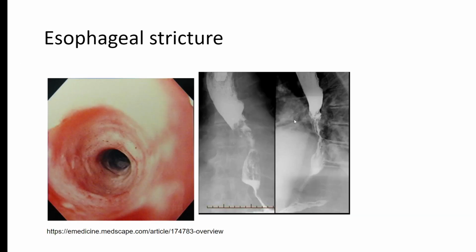Then the next condition which we discuss would be the esophageal stricture. Now, esophageal strictures could occur due to either a mechanical injury done earlier, or it also can be a consequence of esophagitis. Chronic esophagitis can result in a stricture, or strictures produced due to growths, or strictures due to surgical interventions.